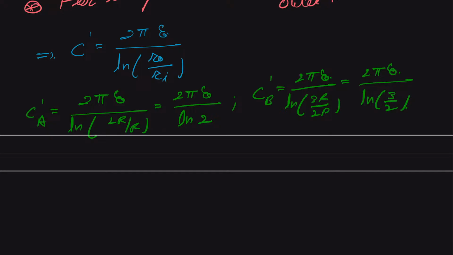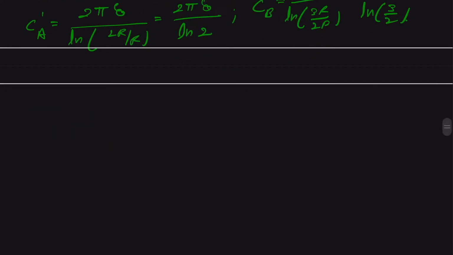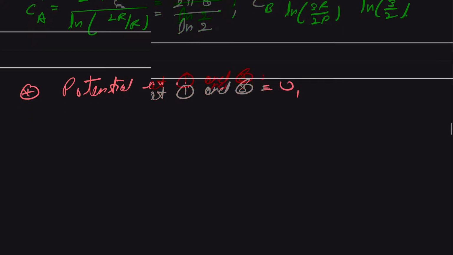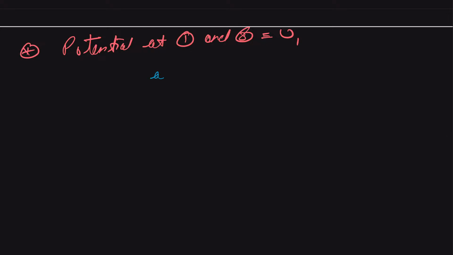Now we are going to use equipotential. Shell number 1 and 3, let us suppose, have potential V1, because they are connected, so they are going to have the same potential. And the potential at 2 is, let us suppose, V2.